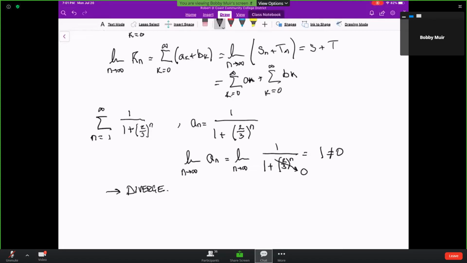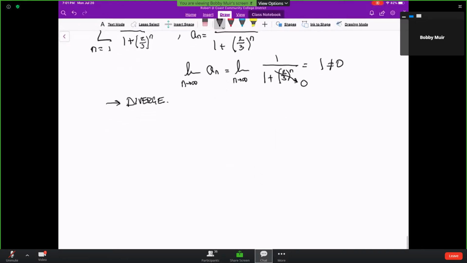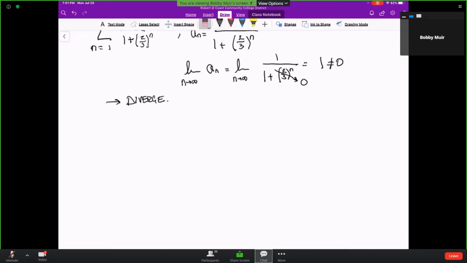The only ones that you're going to be able to add up in this section and get the actual sum are going to be guys that are geometric or perhaps guys that are telescoping. So, like for this one here in the book, the sum n equaling 2 to infinity of 2 over n squared minus 1.